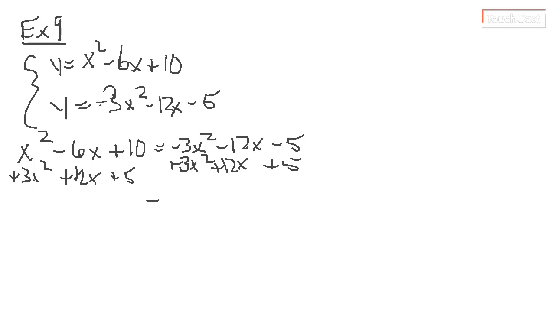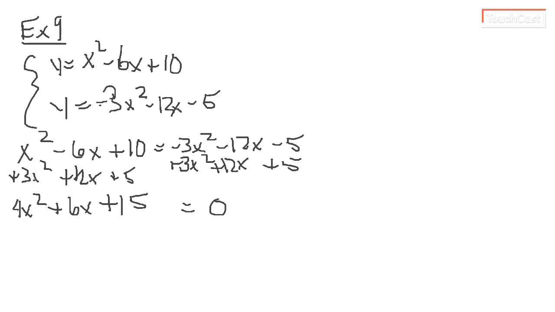So on the right, we're going to be left with 0. On the left, x squared plus 3x squared is 4x squared. Negative 6x plus 12x is plus 6x. And 10 plus 5 is plus 15.